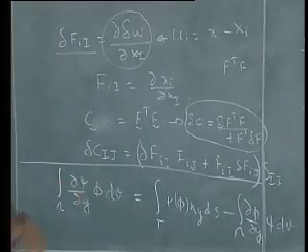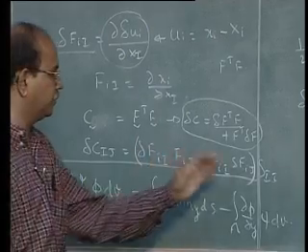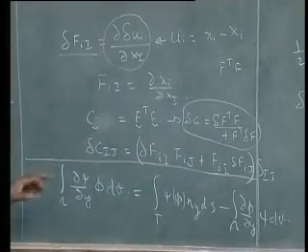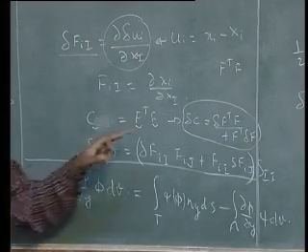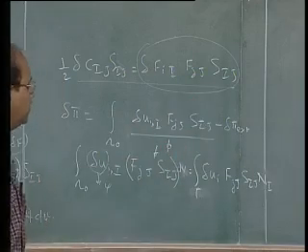After this, multiply by Sij. Because it's symmetric, you can do a small jugglery and find that half of delta C ij Sij is equal to this quantity.